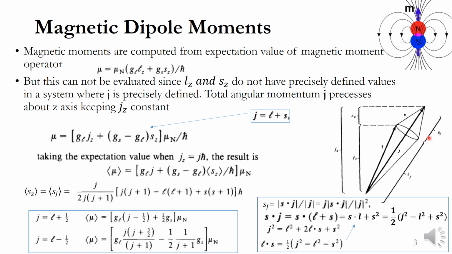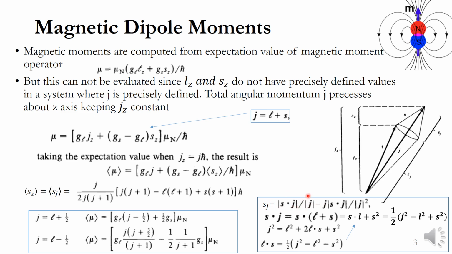We know that the magnitude of the Sz component is varying continually, but the component of S along J, from L plus S producing J, remains constant at any time. So the expectation value of Sz will be equal to the expectation value of Sj, which can be obtained like this.